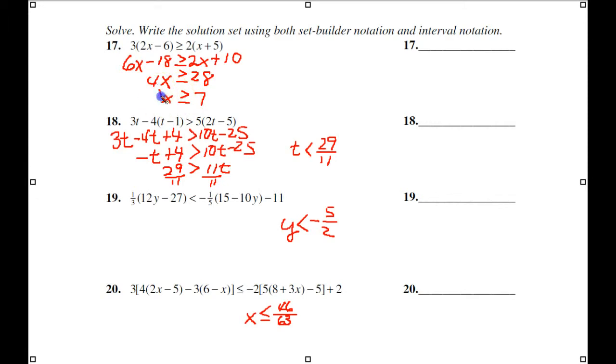So to put this in set builder notation, we just add an x, braces, interval notation, this will be a bracket, x is greater than 7, infinity, and like so.